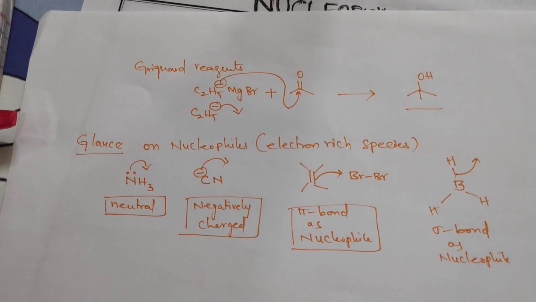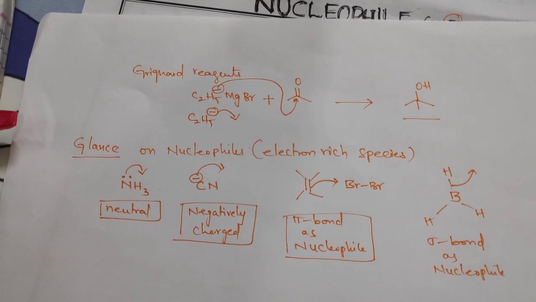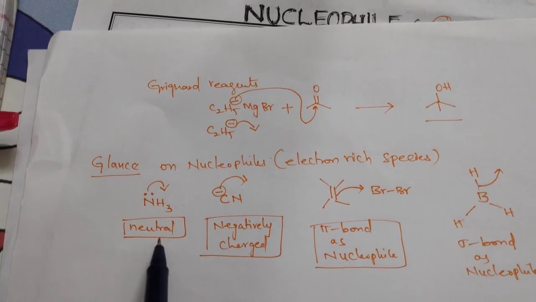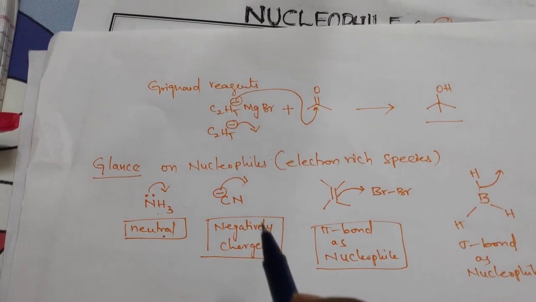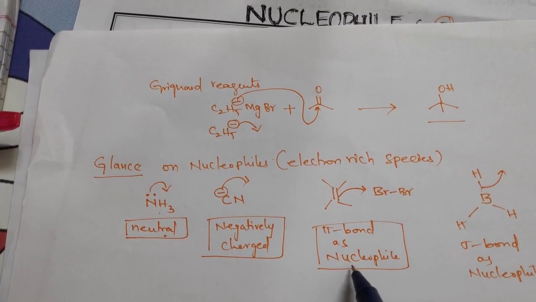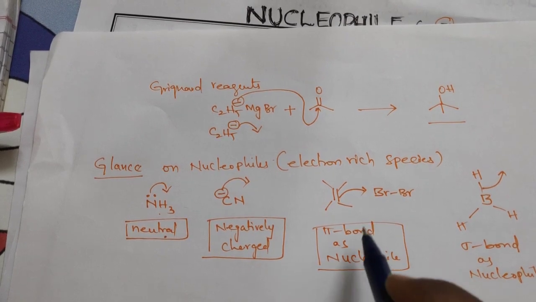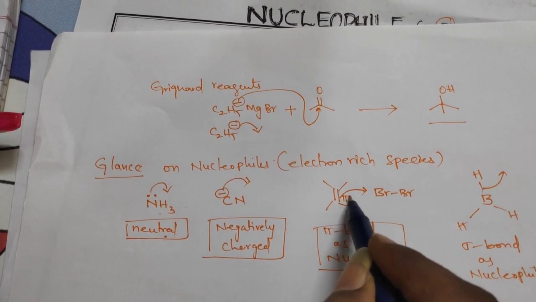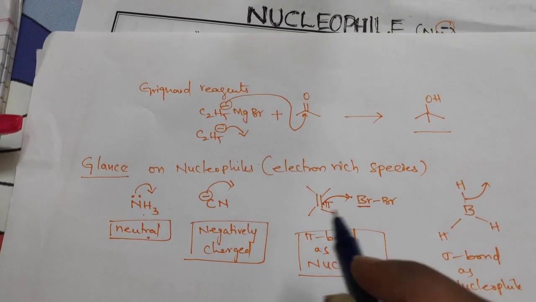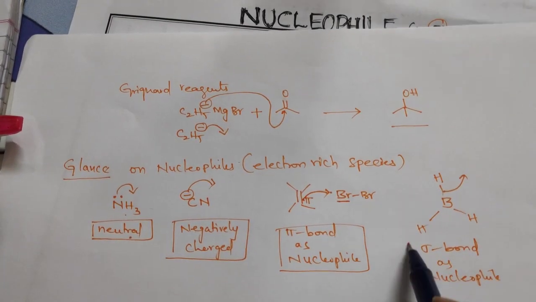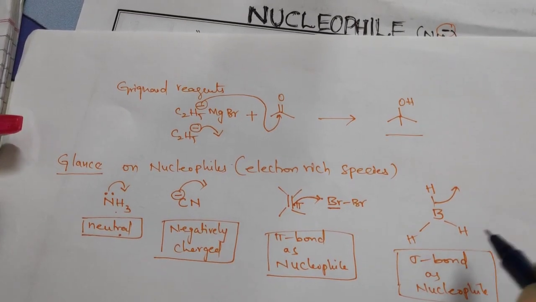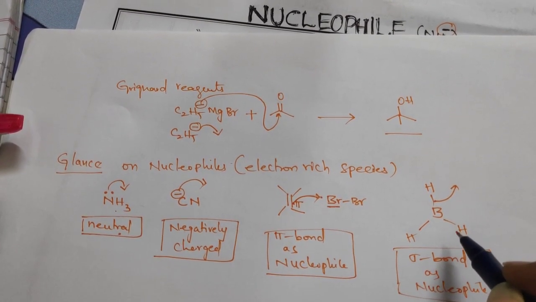If you take an overall glance at nucleophiles, they are electron rich species. Nucleophiles may be neutral, like ammonia, or charged, like cyanide, and a pi bond also acts as a nucleophile sometimes. Here the pi bond moves and attacks the bromine. The last one is rare: a boron species, boron hydride.